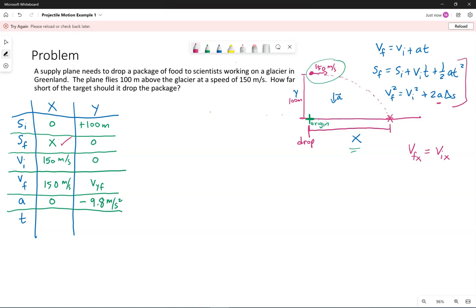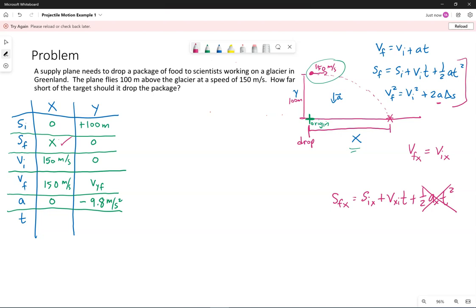So ultimately, in projectile motion, when we have an acceleration of 0, the middle equation, there's two ways we can write it. We can write it just with subscripts of x. There's no acceleration in the x direction.